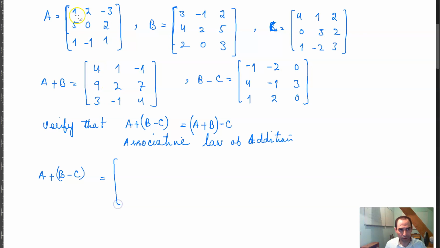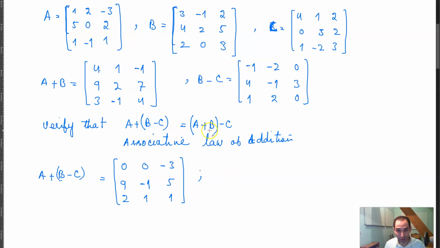This would be 1 plus negative 1 is equal to 0, 2 plus negative 2 is equal to 0, negative 3 plus 0 is equal to negative 3, 5 plus 4 is equal to 9, 0 plus negative 1 is equal to negative 1, 2 plus 3 is equal to 5, and 1 plus 1 is equal to 2, negative 1 plus 2 is equal to 1, and 1 plus 0 is equal to 1, right?